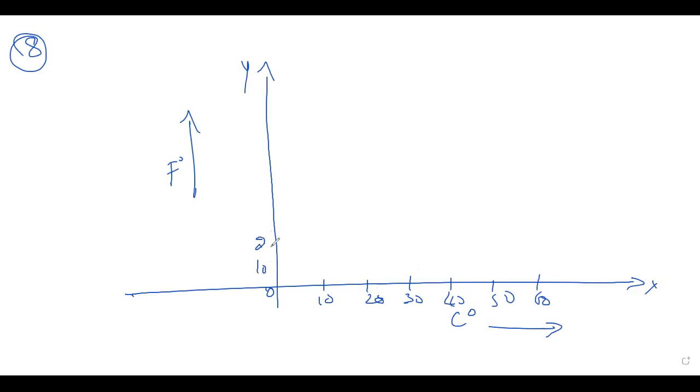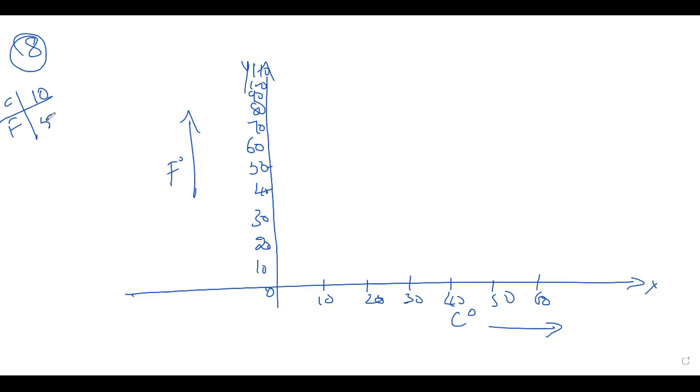Here 10, 20, 30, 40, 50, 60, 70, 80, 100, 110. Okay. Now what are the points here? 10, 50, x and y. I will write it as C and F. Temperature in C and F.